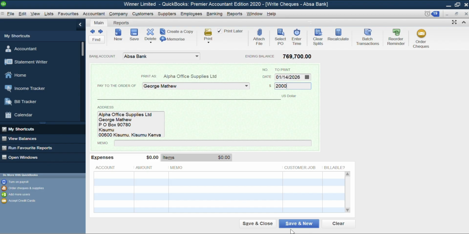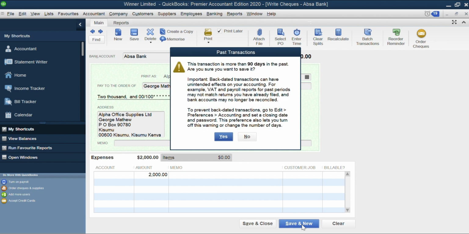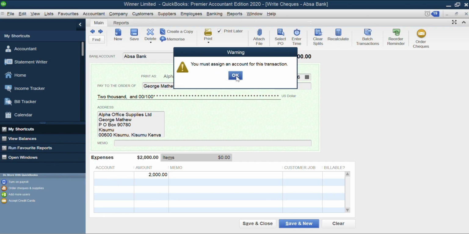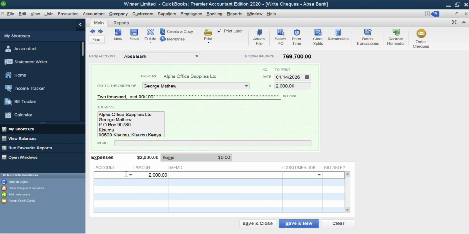That is what we are trying to do here. The reason it couldn't close was because we had not selected the account. We must select an account. You cannot write a check without selecting the account it is affecting.